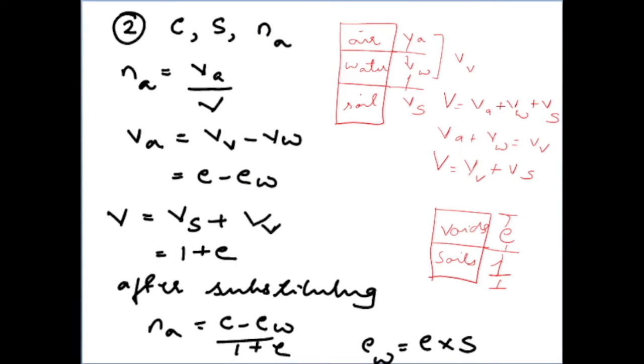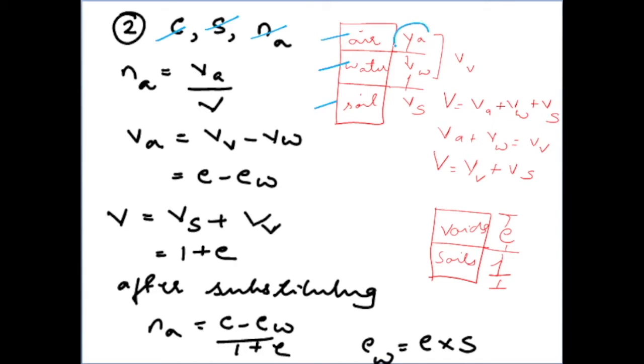Now let us go to the second one, which is relating the voids ratio, degree of saturation and Na. Na is nothing but percentage of air voids. So if you remember the three-phase diagram of soil, which says that soil is made out of air, water and the solid particles or the soil.